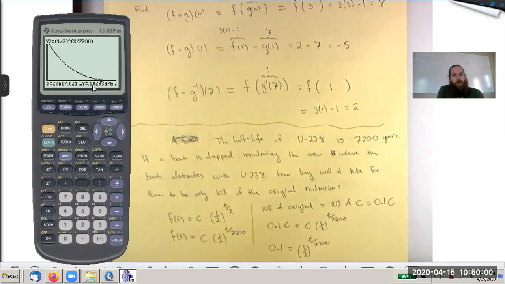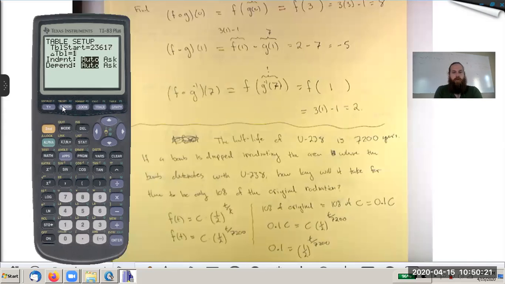23,617, we're awfully close. So if I want to really refine my guess, I'm going to set up a table where the x values start at 23617, and I'll take very small step sizes. I'll take a step size of maybe 0.001. And then I will look at my table.